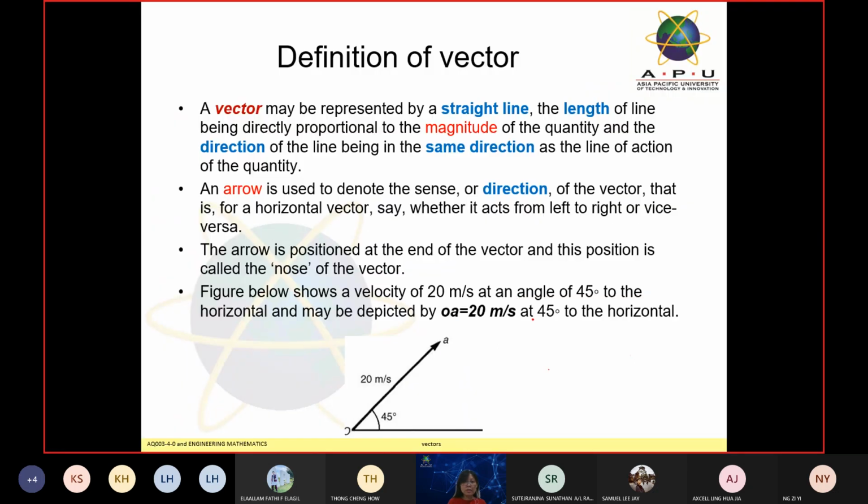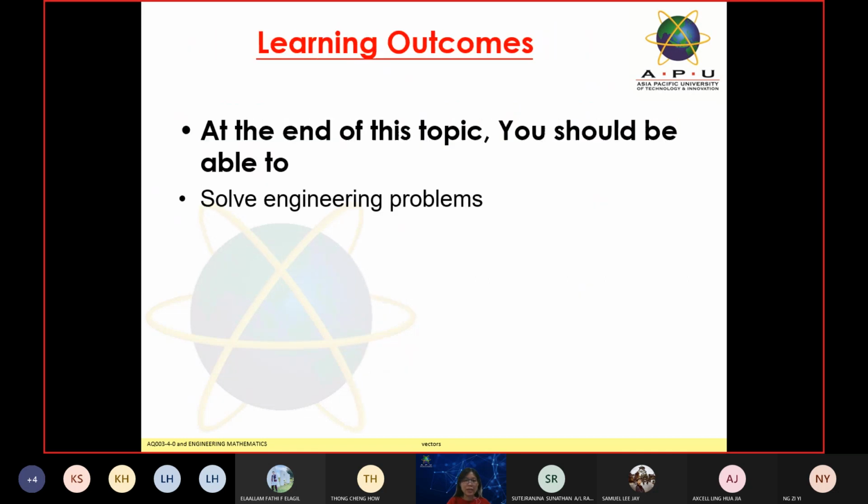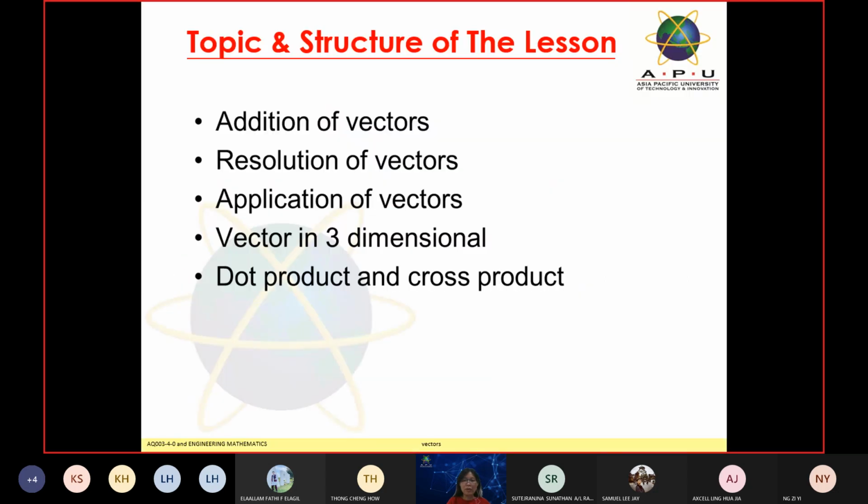For vectors, we will cover addition of vectors, resolution of vectors, application of vectors, vectors in three dimensions, dot product, and cross product.